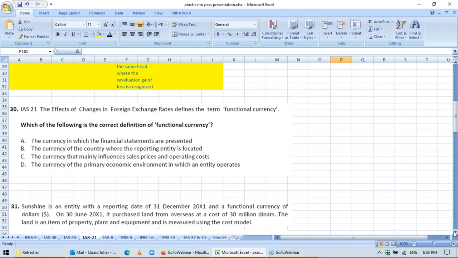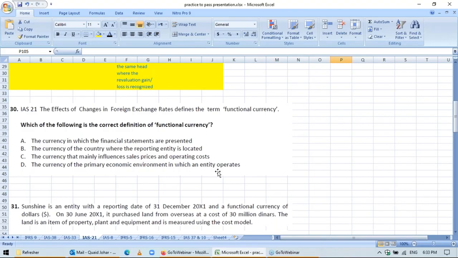Functional currency means the currency in which the decisions are taken. The currency of the primary economic environment. The functional currency is the currency of the primary economic environment, the main environment in which the business operates. That environment's currency, because all decisions will be taken in that currency.